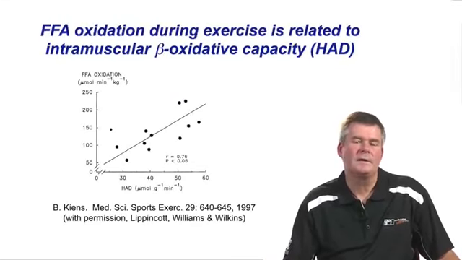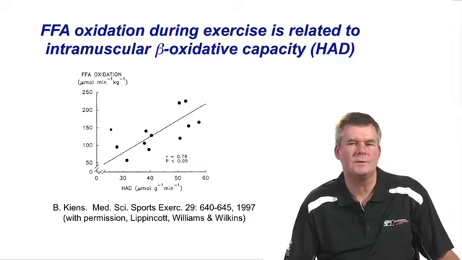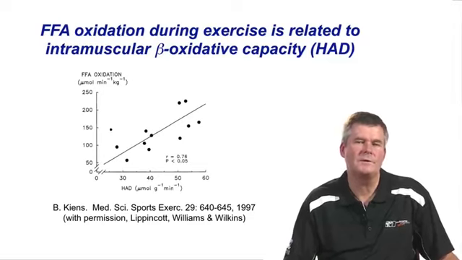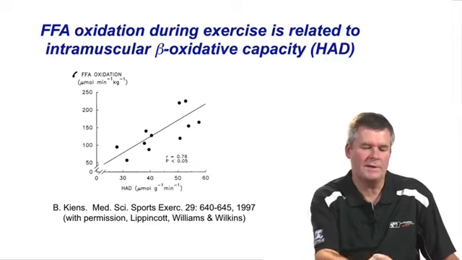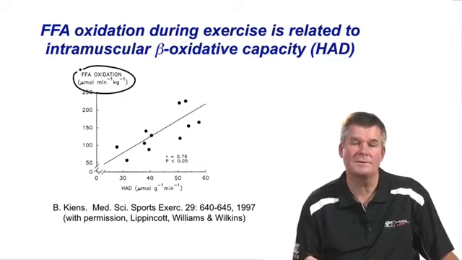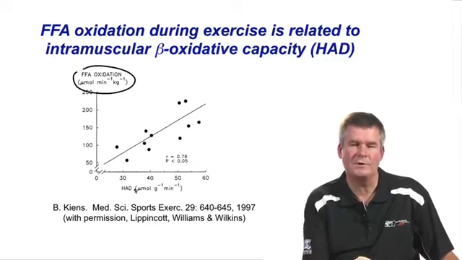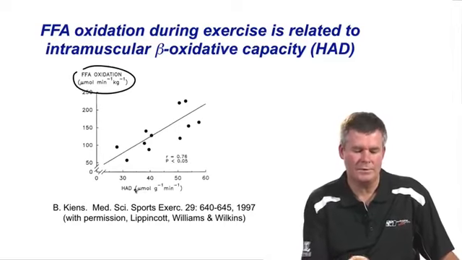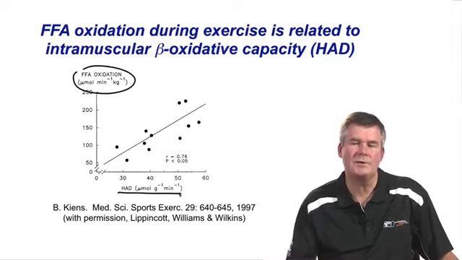And finally, how well a muscle can oxidize fatty acids is also a determinant of fatty acid uptake. And this will maintain the diffusion gradient into the mitochondria. And so here you can see the relationship between fatty acid oxidation, plasma fatty acid oxidation, and the concentration of that enzyme HAD, which is involved in beta oxidation.